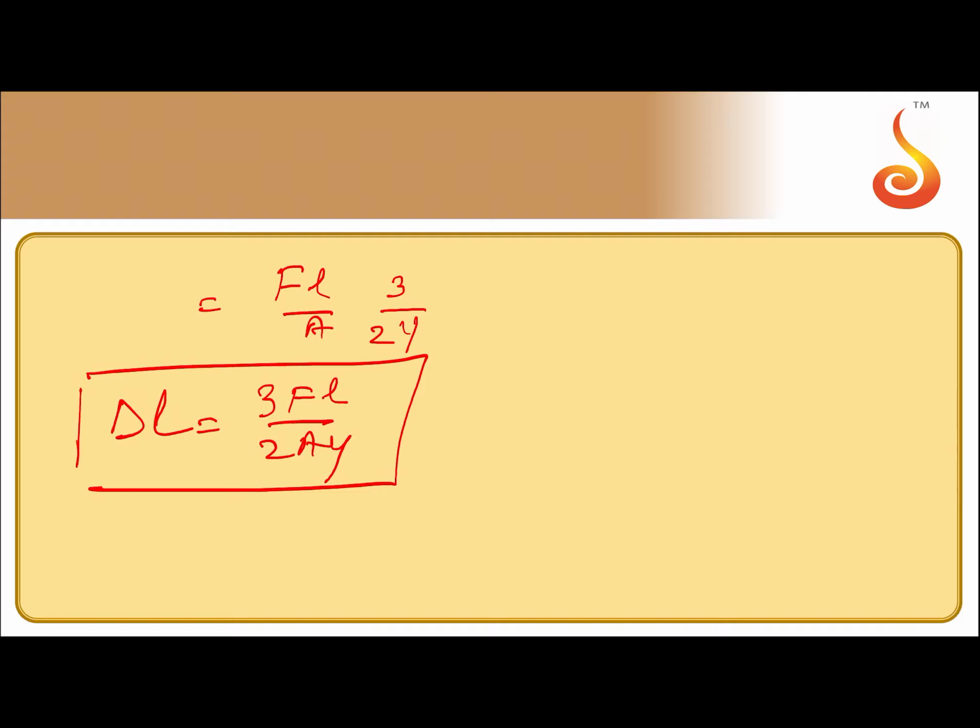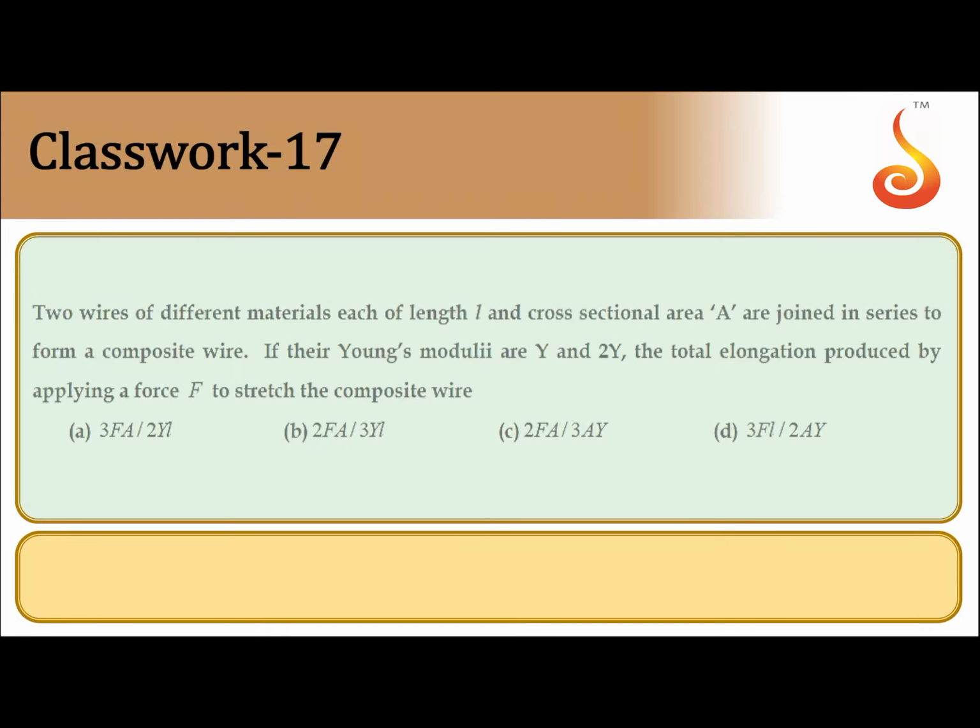So it further simplifies to FL divided by A, 1 by Y plus 1 by 2Y gives me, what is that? 3 by 2Y. So 3FL divided by 2AY. So the total elongation of this entire system of two composite rods is 3FL divided by 2AY.